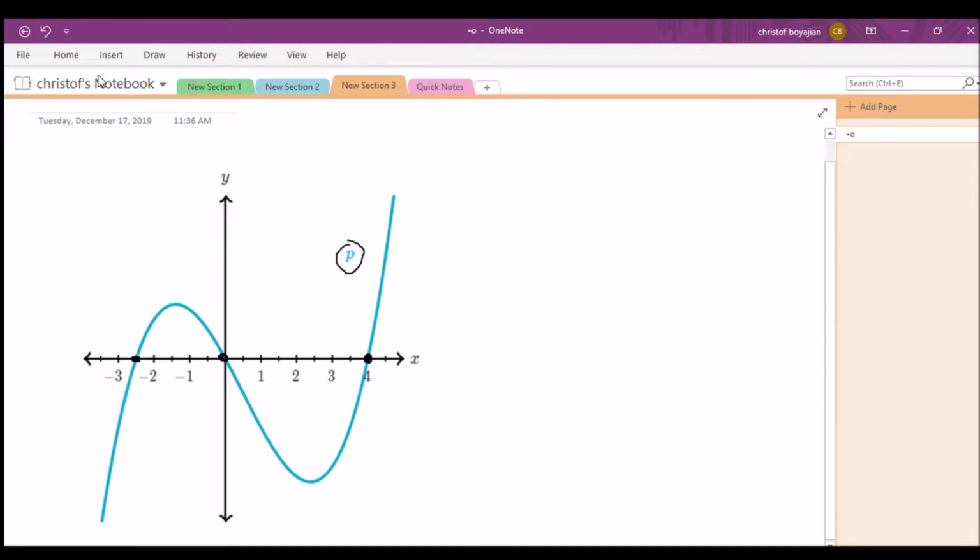So let's look at this point first. This point is in between -2 and -3. So where does that lie? We'll assume it's halfway in between. So it's about -2.5. Or if we want to write it as a fraction, it's when x is equal to -5/2.